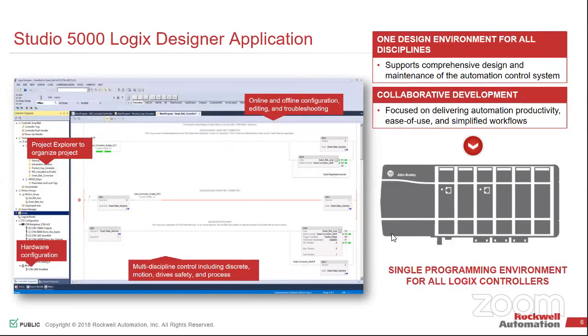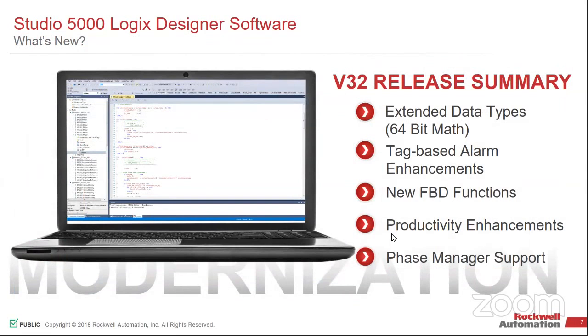In 31, a lot of things were more just the look and feel. With version 32, the difference is going to be 64-bit math. That is an introduction we're going to see coming forward, and this is at the controller level. In most cases, for a lot of the industries and opportunities we deal with, from CompactLogix to ControlLogix, this isn't a big thing.